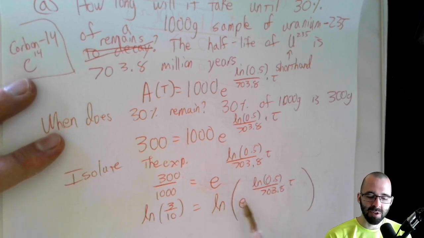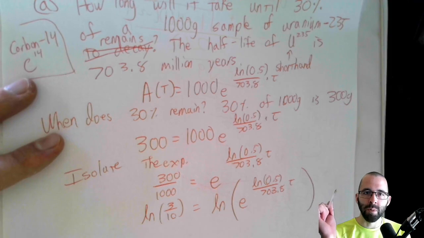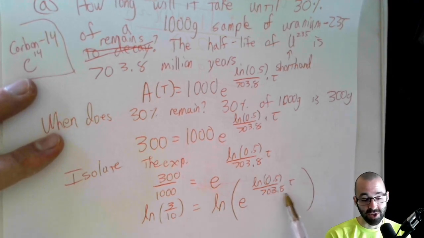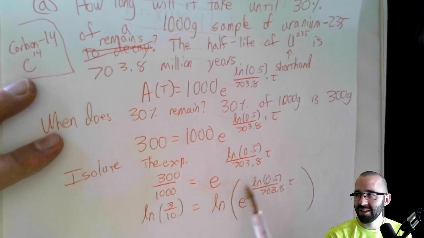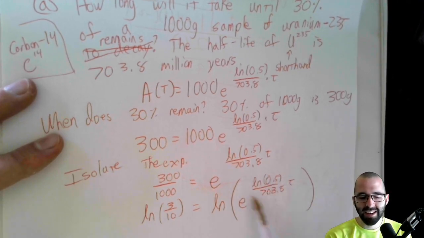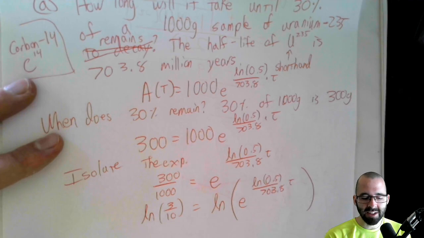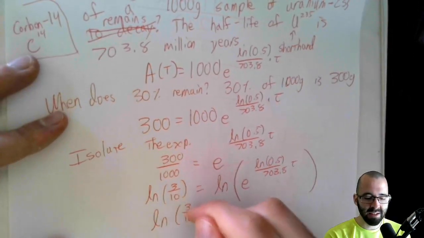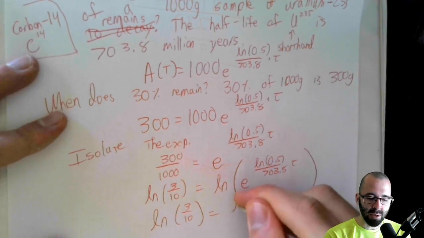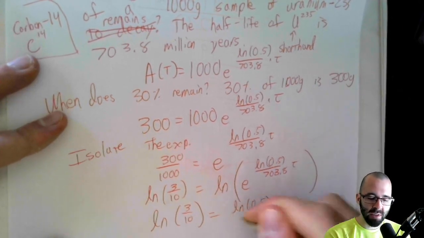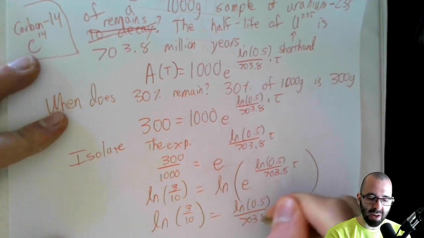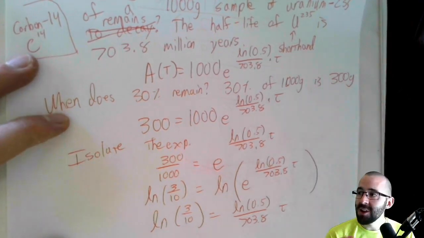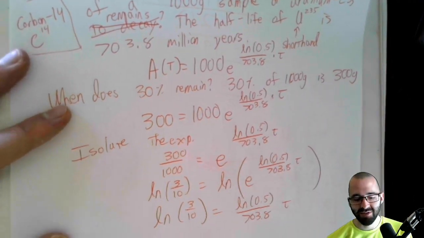These are inverse functions of each other. Boom, inverse functions cancel each other out. We're just left with the exponent. It's a big exponent. We get the natural log of 3/10 is equal to the natural log of 0.5 divided by 703.8 times t, and you're almost done.